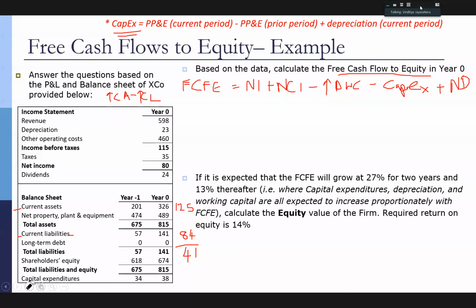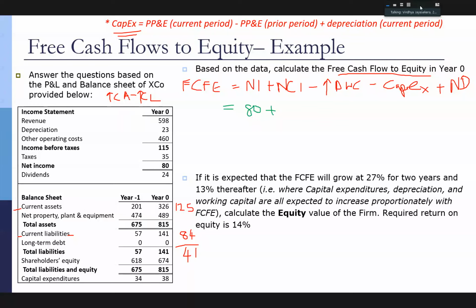So where do we start? What is my free cash flows to equity? Net income is 80. Non-cash items: I had to add back non-cash items to make my profit.